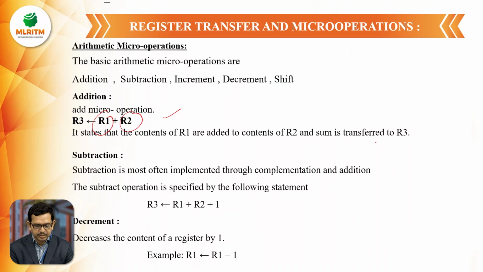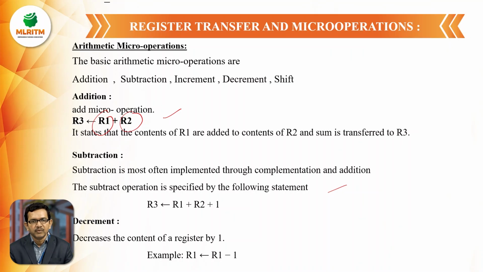Likewise, subtraction is most often implemented through the complementation of addition, because directly we cannot make a subtraction between the two registers, such as R2 minus R1 or R1 minus R2. Here we have to take the complement of a given register.